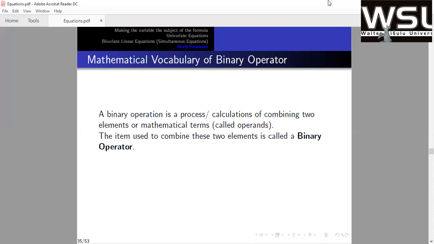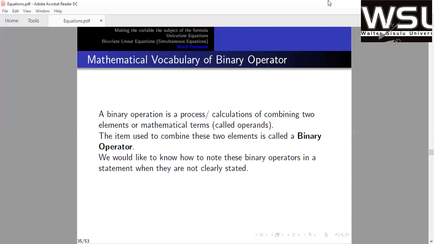That is, what we need to make a binary operation is a binary operator. And the binary operators that we know of are, of course, the four elements, which are plus, minus, times, and divide. These are the four basic binary operators. And remember, an operator takes two numbers and makes them into one.